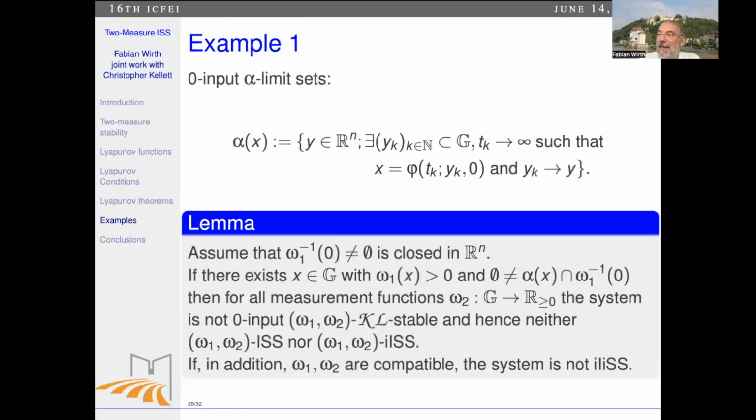And now I want to show you some examples where these three concepts, ISS, integral ISS, and integral integral ISS, fall apart. For this, it will be useful to understand a bit what properties destroy KL stability.